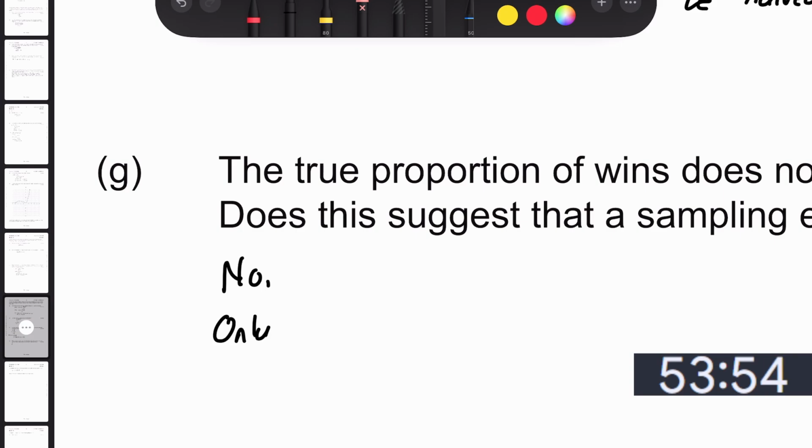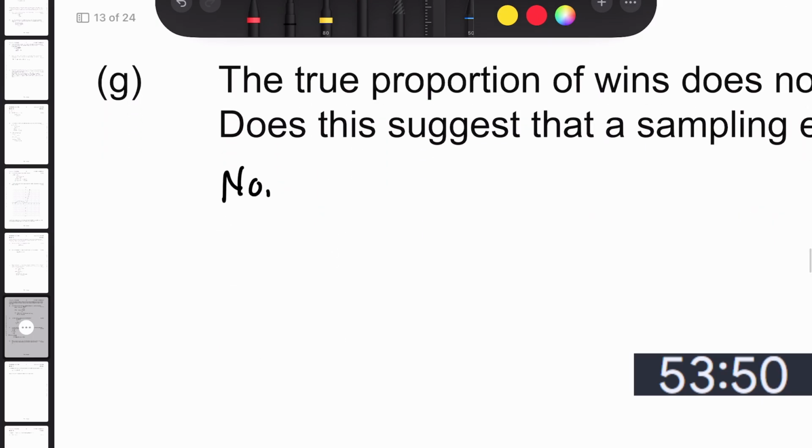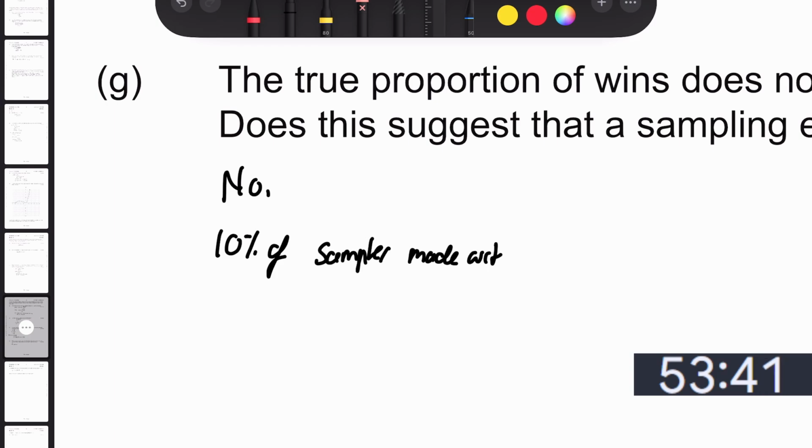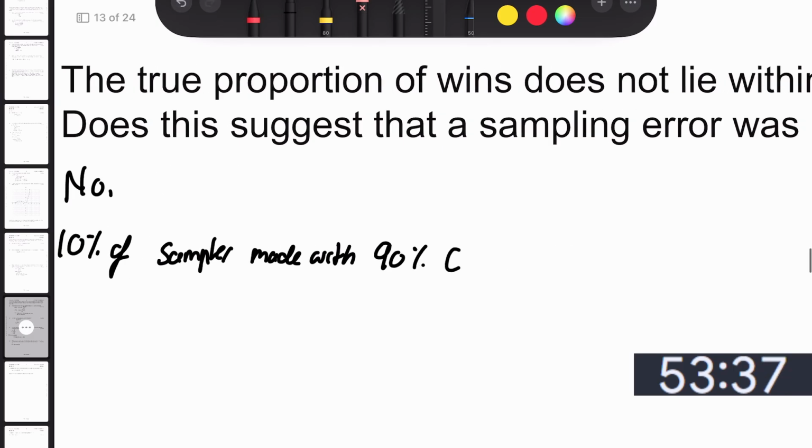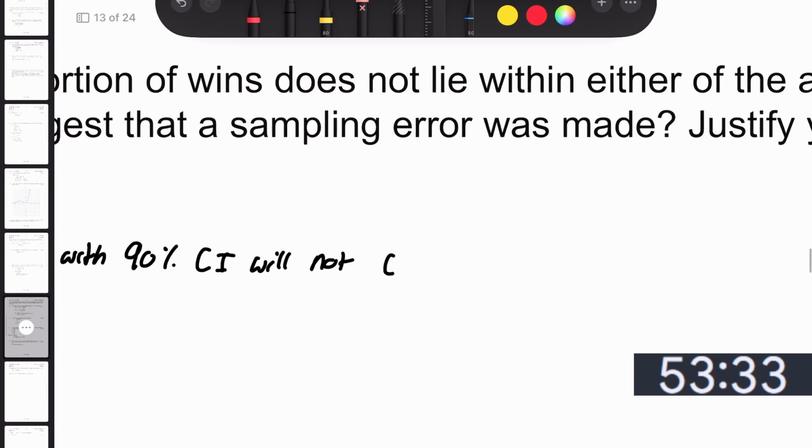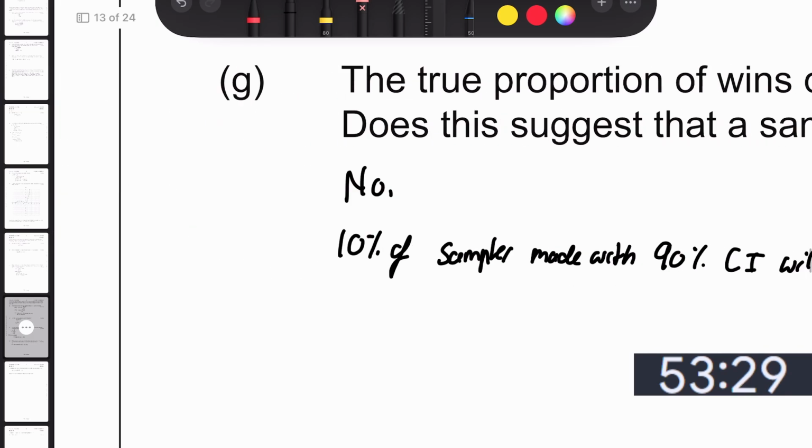Because only 10% of samples made with a 90% CI will not contain the true p.